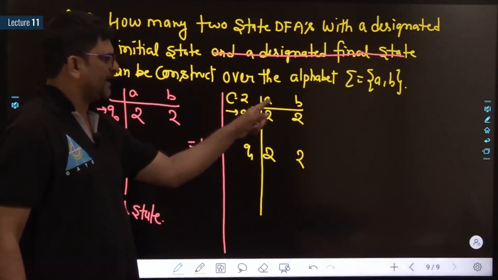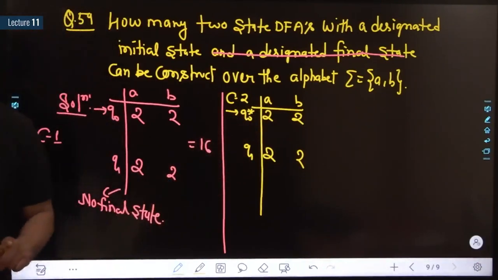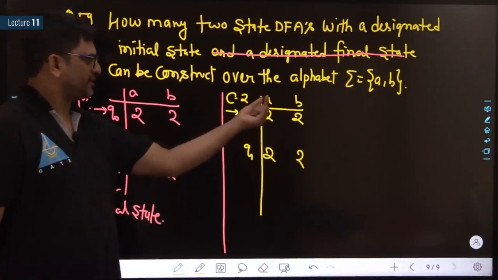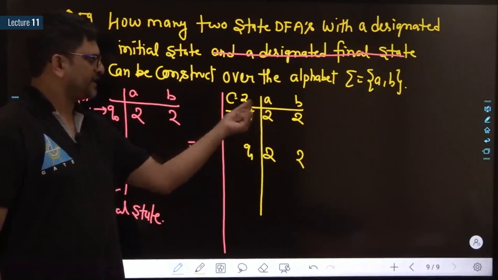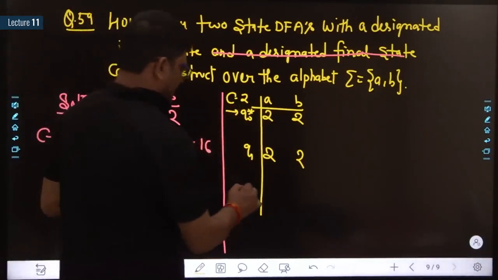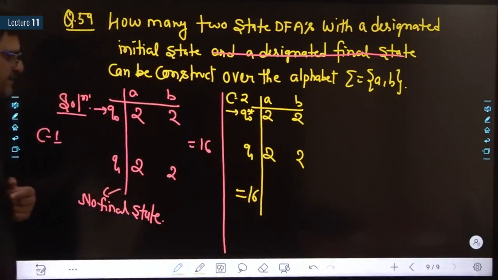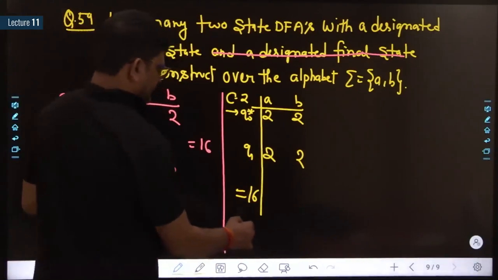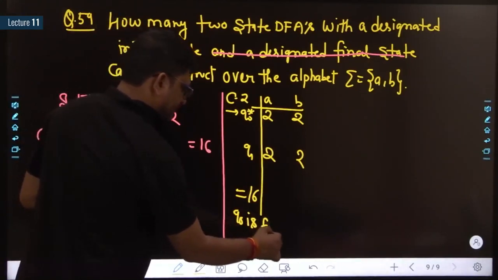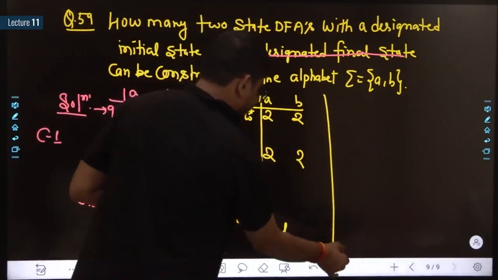On A, either it goes to Q0 or it goes to Q1. Clear? Then the total number of DFAs is 16. Q0 is final. This is also possible.